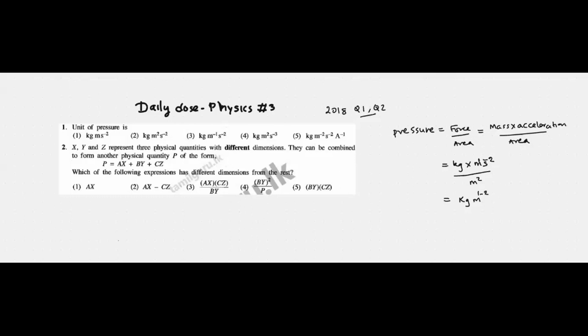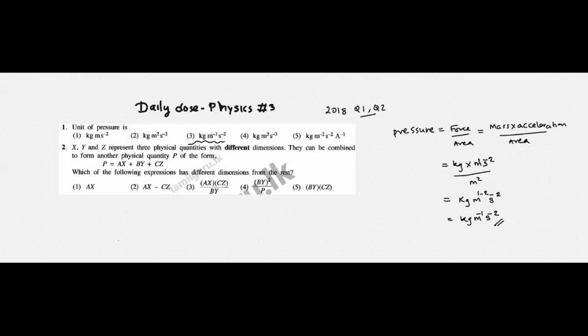The meter has power 1 and in the denominator it has power 2. So we have to subtract 2 from 1. So you'll be getting kilogram meter to the power 1 minus 2 into s to the power minus 2. So we have kilogram meter to the power minus 1 per second squared. So this is the unit. So the answer is number 3, kilogram per meter per second squared.